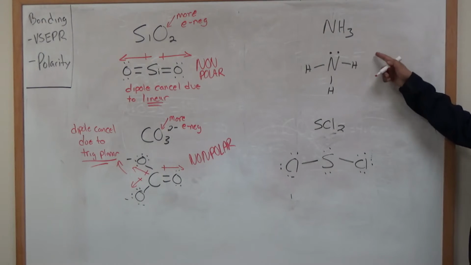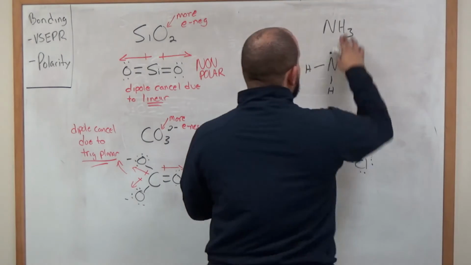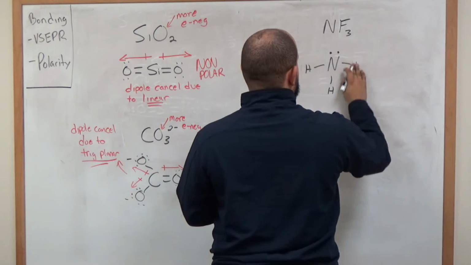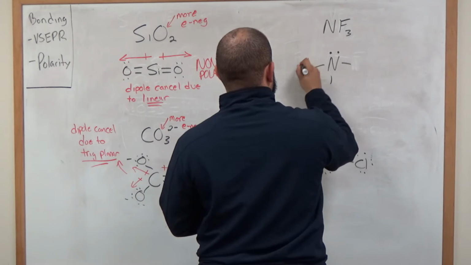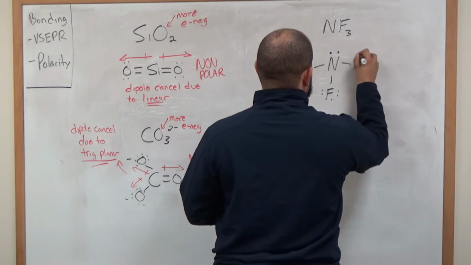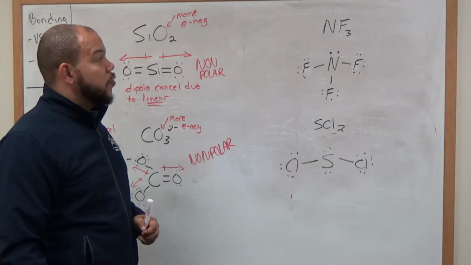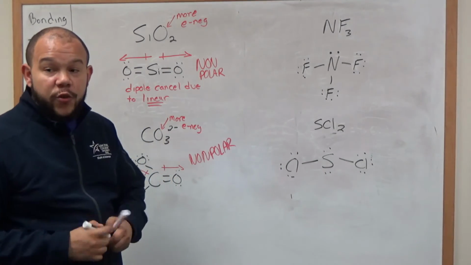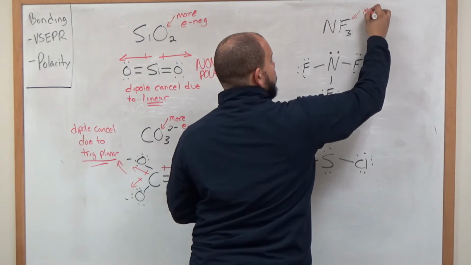On this side, we end up with our, this should be NF3. Got ahead of myself. And nitrogen trifluoride, if we look at our trends, we see fluorine is the more electronegative atom.